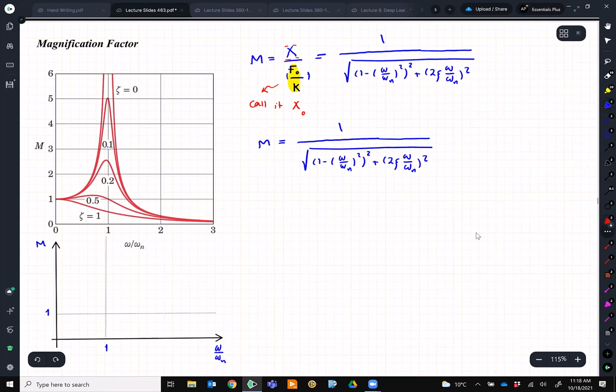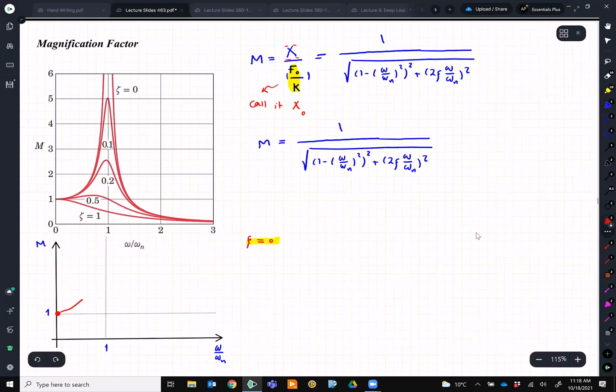At the beginning, when I don't have any omega, if you substitute in the equation, M is 1. So let's just focus on the case when zeta is equal to 0. No damping. Zeta is equal to 0. So we have the exact same equations that we had before, right?